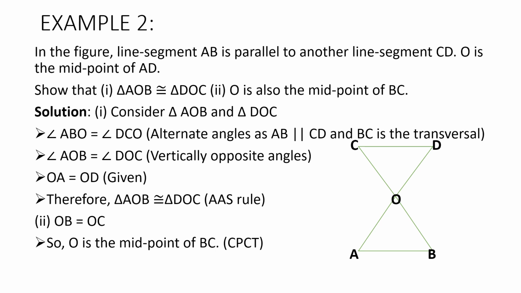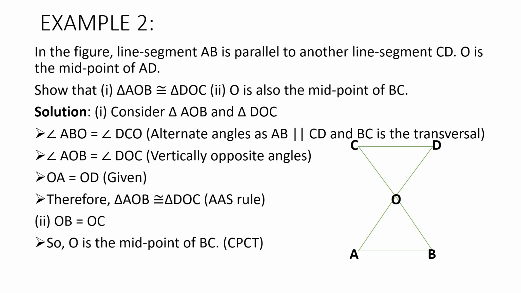Angle ABO and angle DCO, they are alternate angles where AB is parallel to CD and BC acts as a transversal. So they are equal. Similarly, AOB and DOC are vertically opposite angles, so they are equal. Also, OA is equal to OD is given to us. Correct? So we have that triangle AOB and triangle DOC are congruent by the AAS rule.